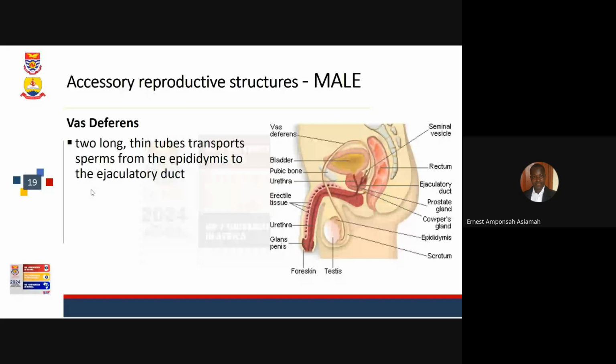We have to bear in mind that there is both left and right, so there are two testes, left and right.